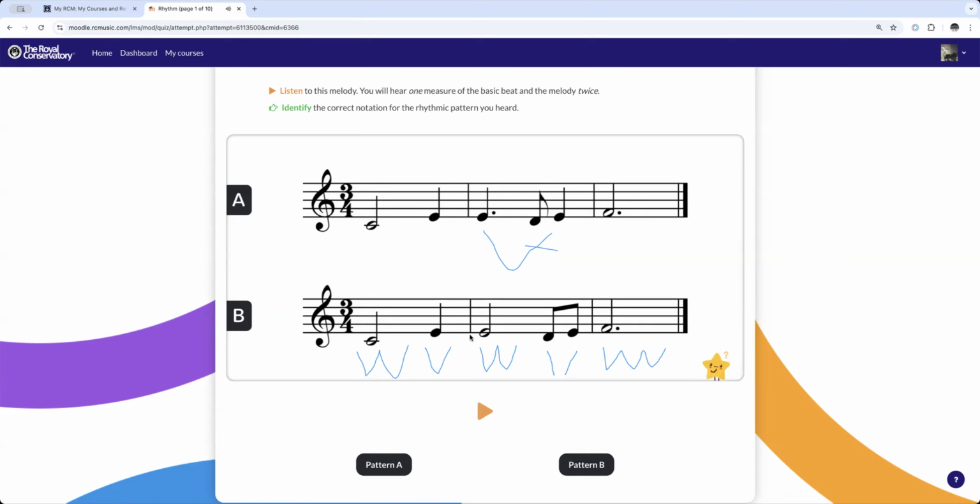This is a very, very basic rhythm. There is no very dramatic performance of these dotted notes. Dotted notes are very different from the regular rhythm.